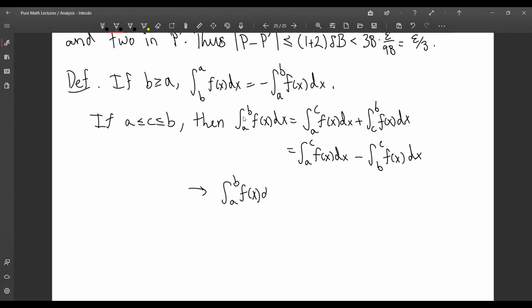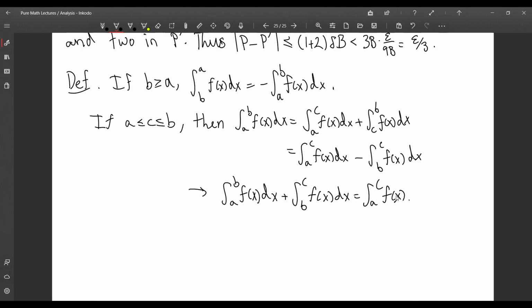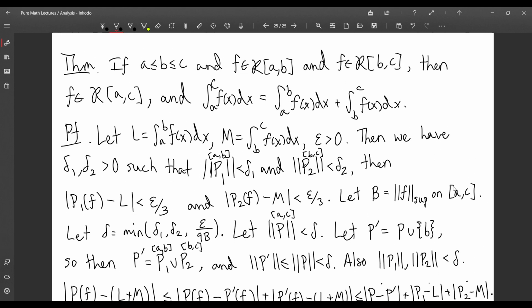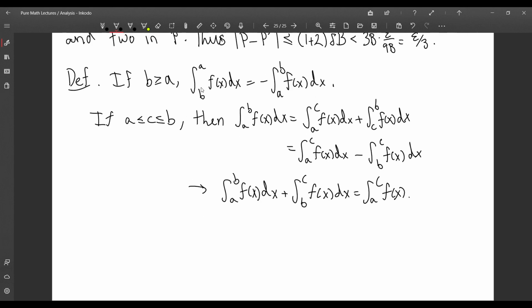So we get that this equation holds. And so notice now this is exactly the equation that we just proved, but c is between a and b instead of before, when C was bigger than or equal to a and b.